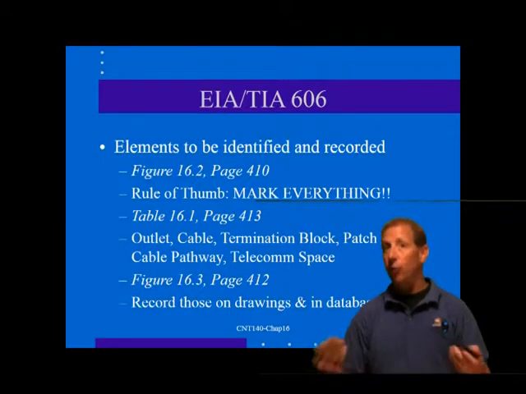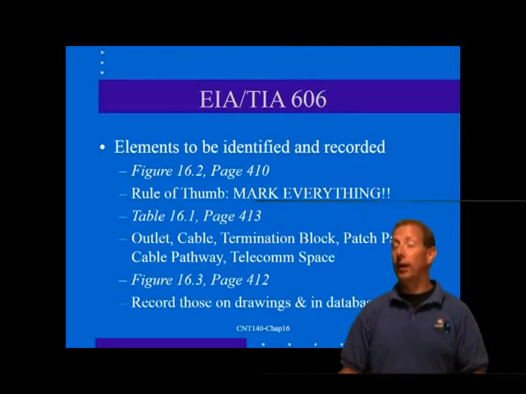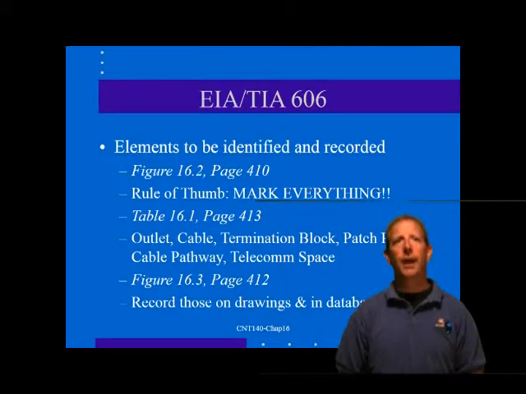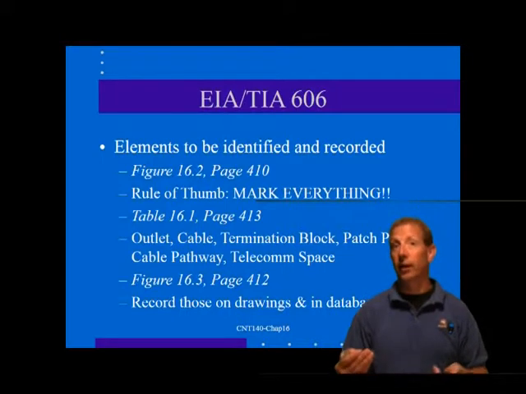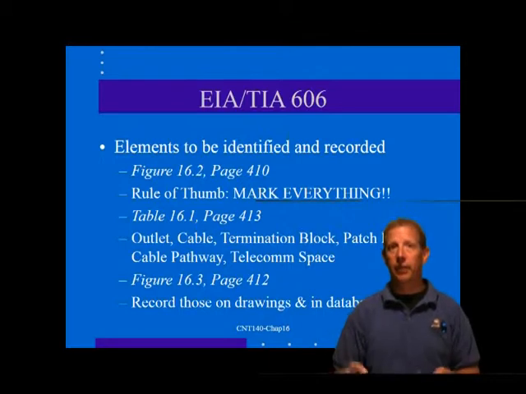Additional information is then recorded along with the identification number of each element in the wiring system. The exact information required varies with the type of item, but it always includes the identifier and the item type. Additional information may be needed, such as the numbers of available positions and whether any are damaged, as in bad pairs or multi-pair cable.